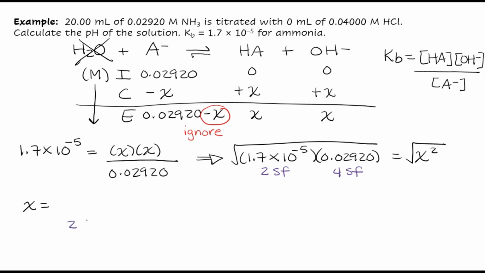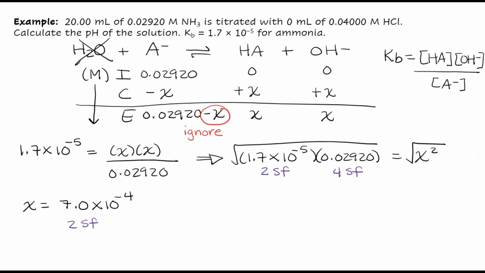So when we solve for x, we will round that to 2 sig figs. Doing the math, 1.7 times 10 to the negative 5 times 0.02920, and taking the square root of that, rounded to 2 sig figs, gives us 7.0 times 10 to the negative 4.